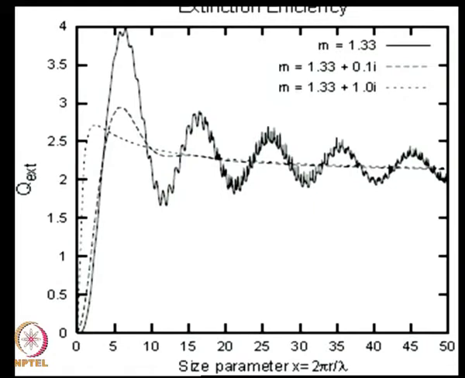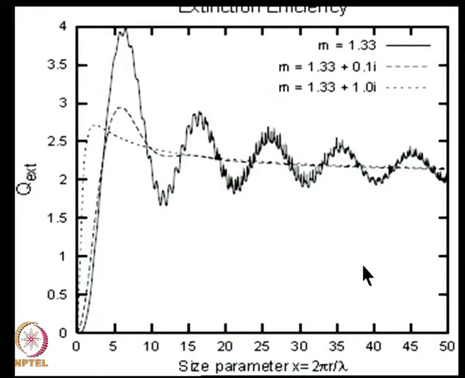Now, there is one more way of showing the same result, now in terms of size parameter 2 pi r by lambda. What you see is that when the absorption is low, as in this case of pure scattering, there is a wavy behavior which is absent when the absorption is very strong.